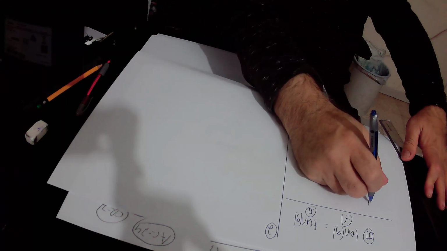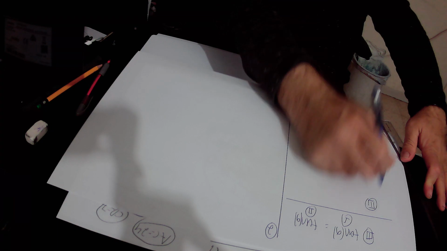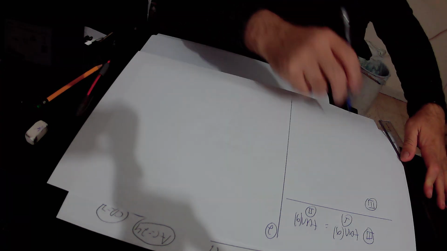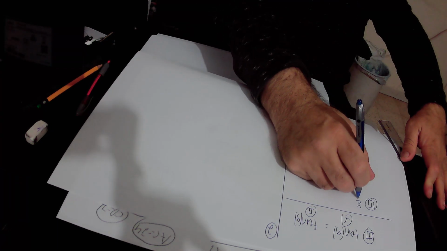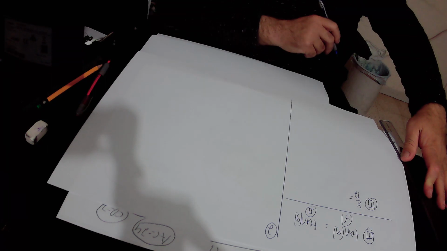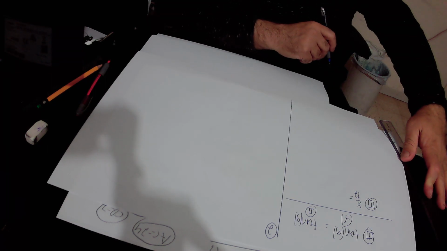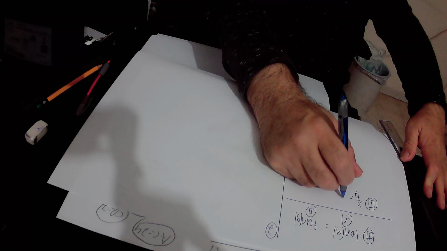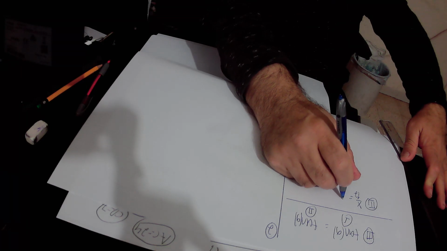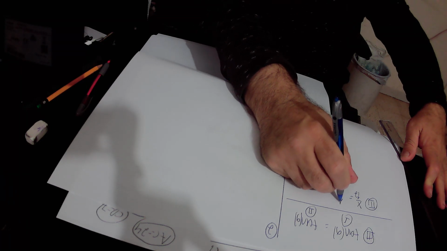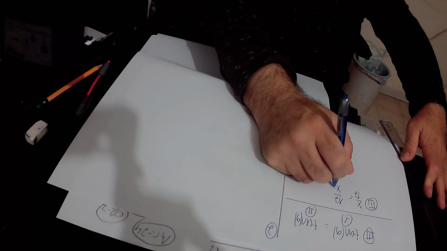So tangent alpha according to equation number 1 equals x over 12, and it must be equal to tangent alpha according to equation number 2, which equals 12 over x plus 7.